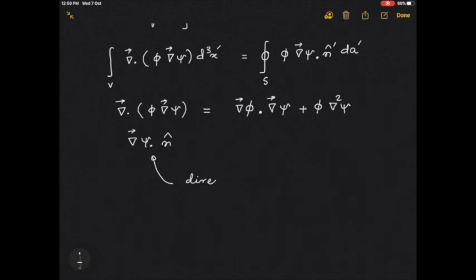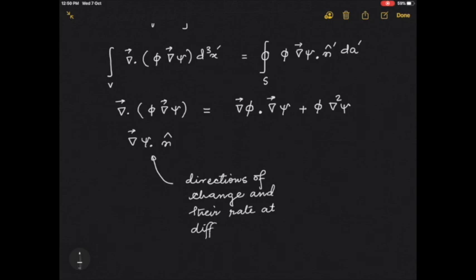Grad psi gives me the direction of change and their rate in different directions. So if I ask the question what is the unit vector along grad psi, that tells me the direction of change of psi, and I can also take its components along the different coordinate unit vectors, so that tells me in which direction it changes how much.